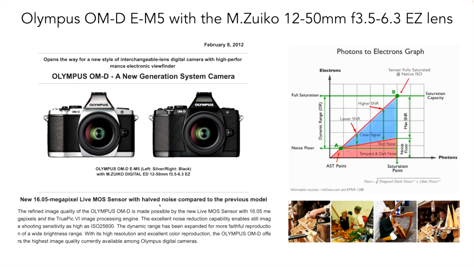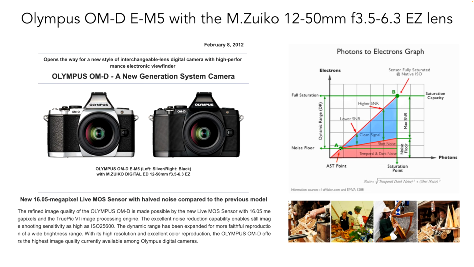So here we have half the noise. So when they talk about the sensor, they don't talk about the role of the TruePic processor. They're talking about the sensor. That tells me that the read noise, the temporal and dark noise of the sensor has been halved.